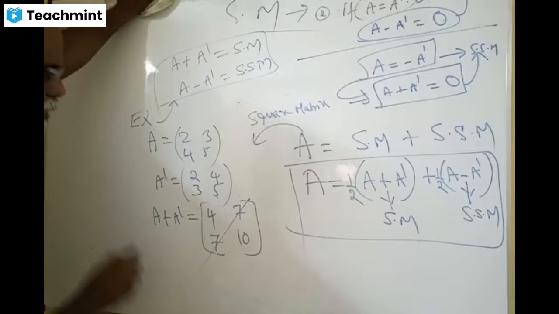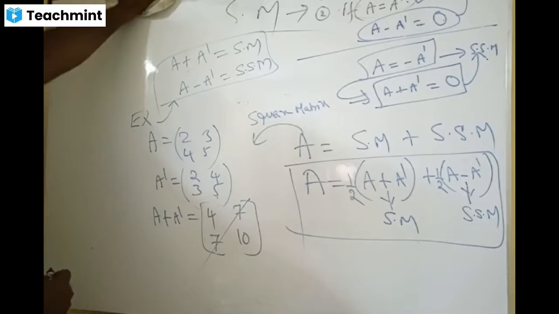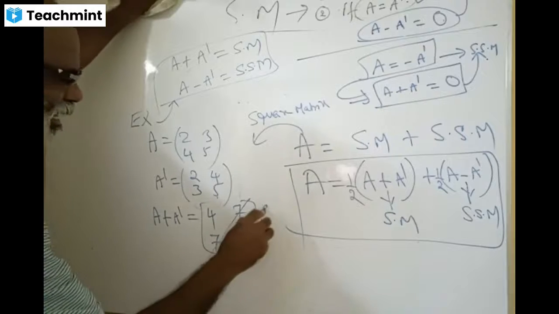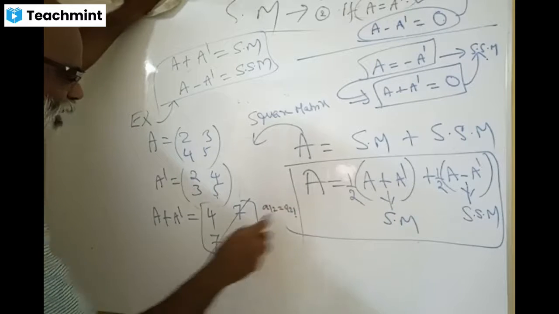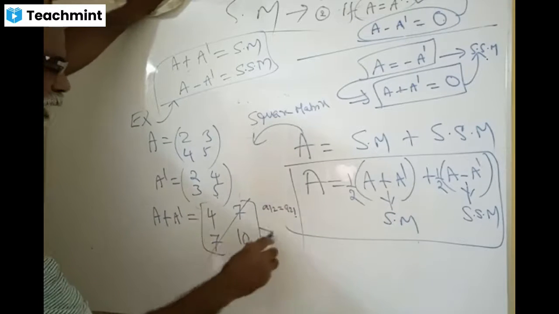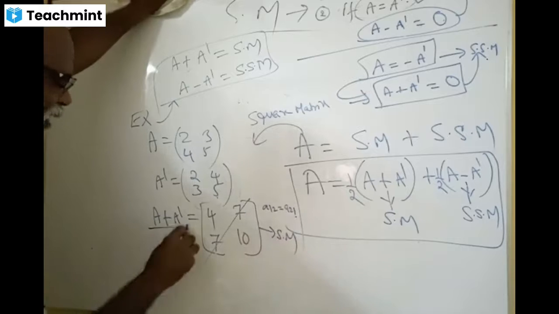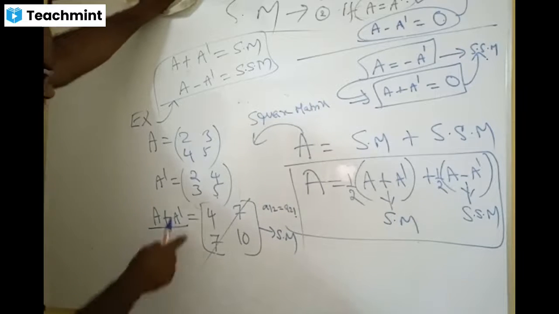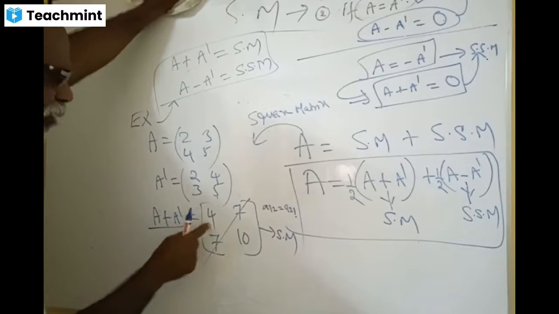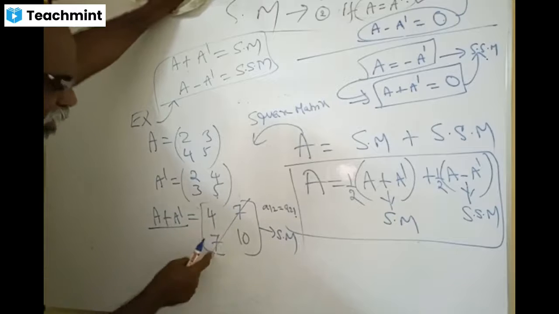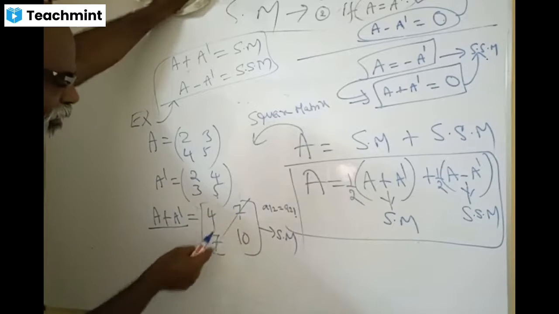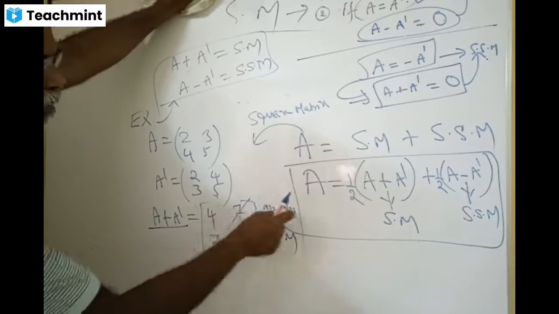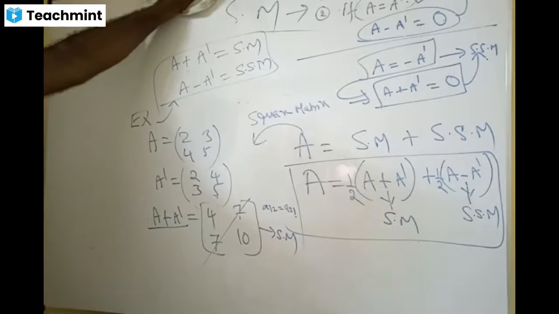Yes. Therefore, it is a symmetric matrix. So A plus A dash is a symmetric matrix. If you multiply with half, it will still be 4 by 2, 7 by 2, 7 by 2, 10 by 2. The 7 by 2 entries are equal. A12 is always equal to A21 because it is a symmetric matrix.